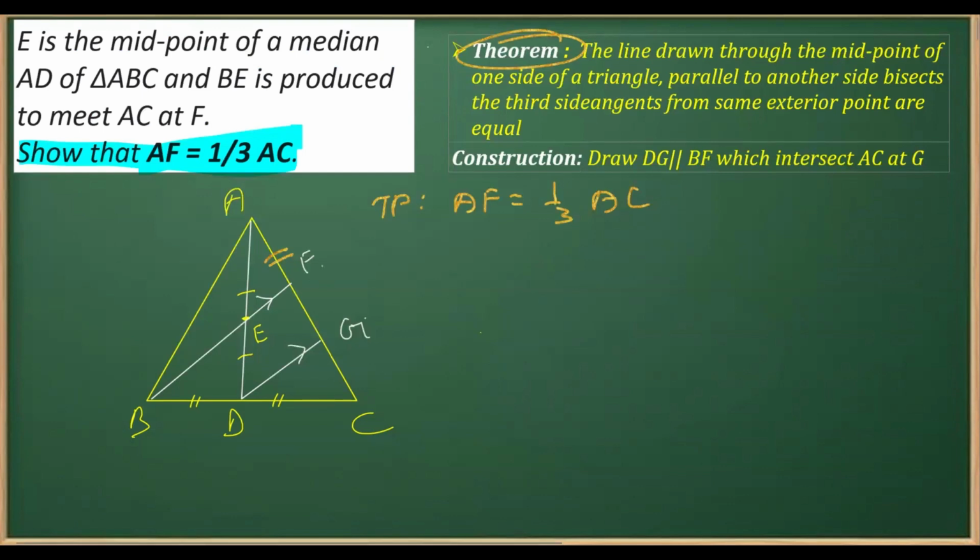In the first go, I will prove AF is equal to FG, and in the next go, we'll prove FG is equal to GC. This way, you can say that AF is 1/3 of AC.